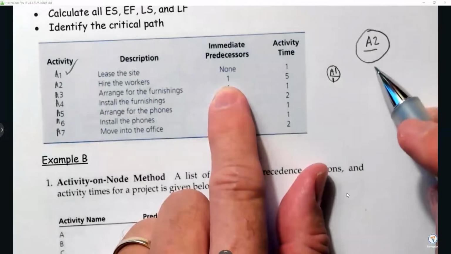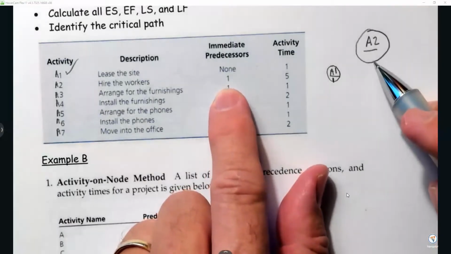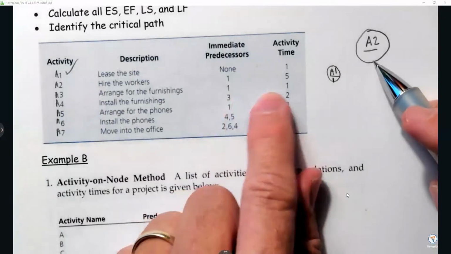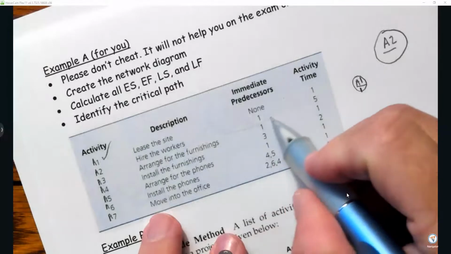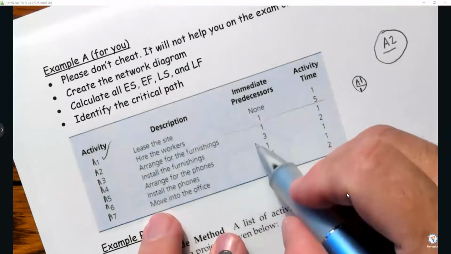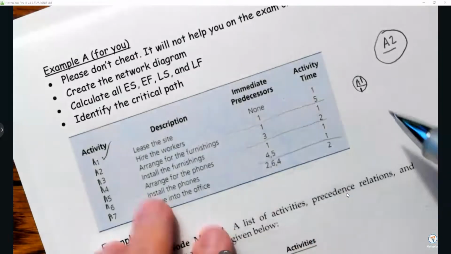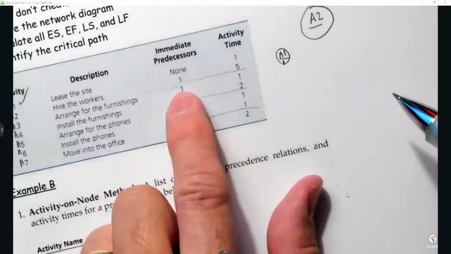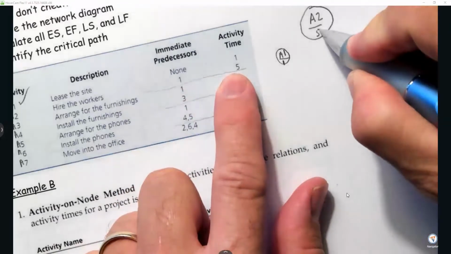I may be tight on space here, but I wanted to show you too. I have to make sure I don't get these lines mixed up as I'm doing them, because that could really mess things up. All right. A2 comes from A1 and it takes 5. So I have that one taken care of.